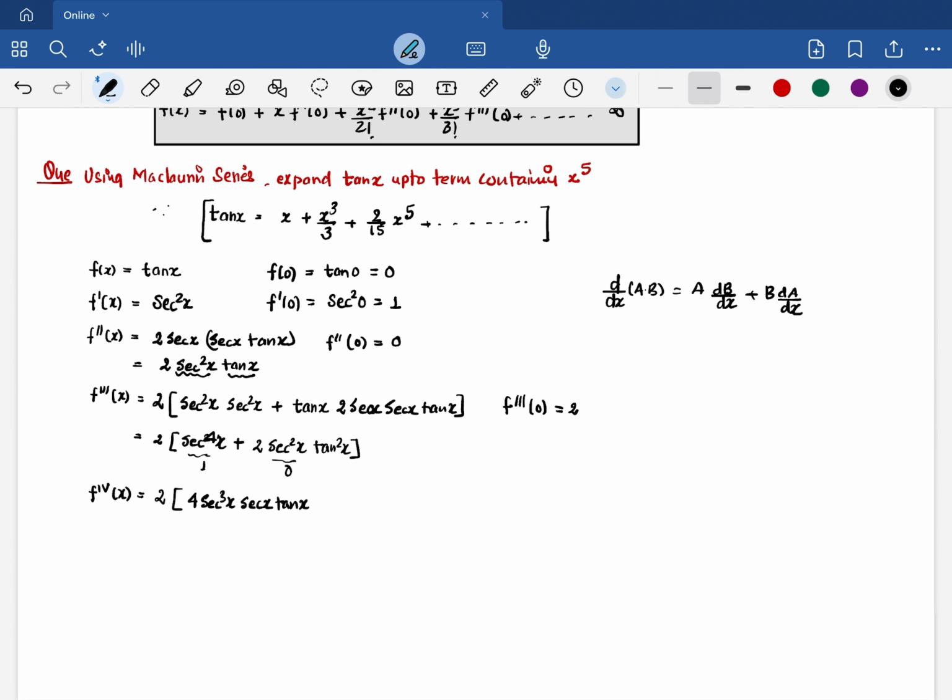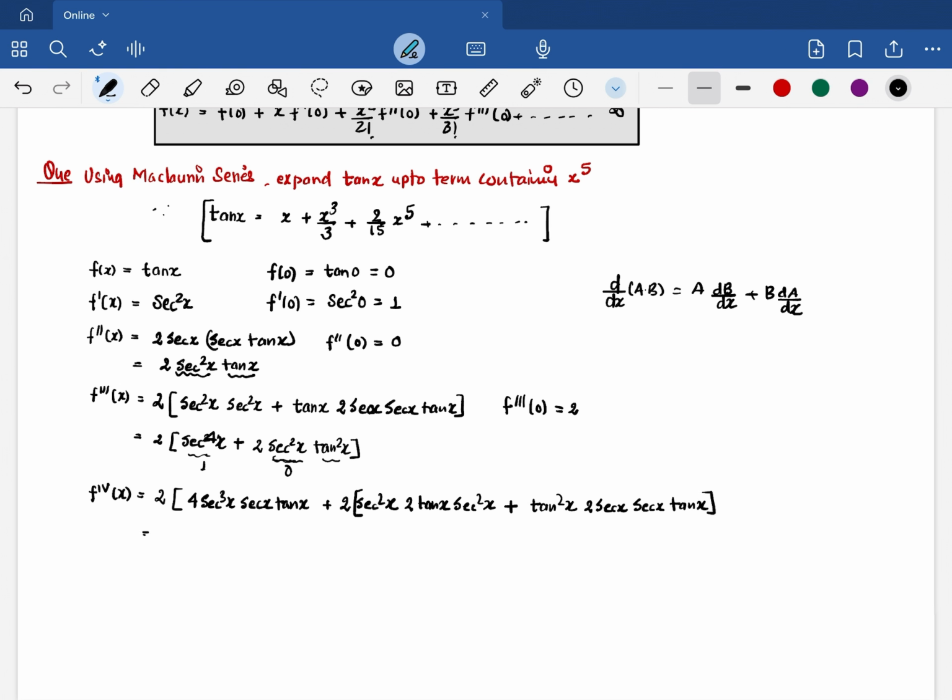Okay, plus 2. And now differentiate the following terms. So sec square x, let's first take it as constant. And what's the derivative of tan x? Can we say 2 tan x and sec square x plus tan square x, make the second term as constant and take the derivative of 2 sec x and sec x into tan x.